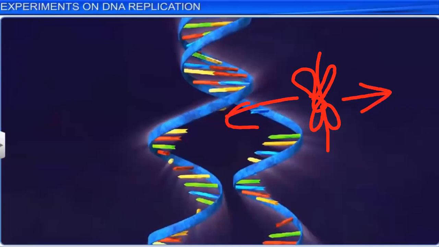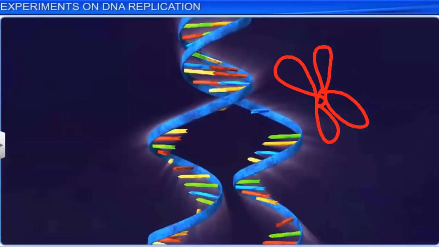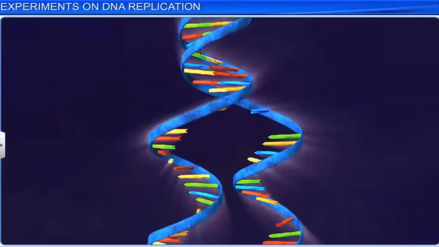It happens during meiosis as well as mitosis. Then later on we learn that these moved halves of the chromosome or DNA will make the other half. So we are going to learn how it makes the other half. This is known as replication, or replicating itself.